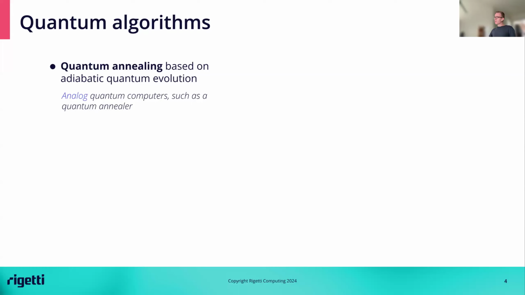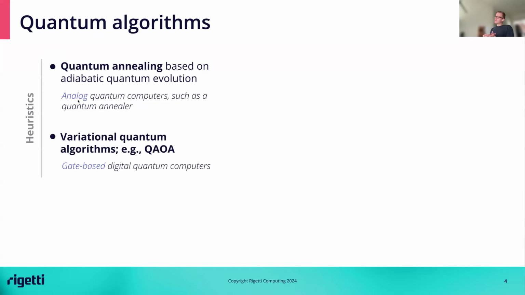So after classical algorithms, I want to tell you a bit more about the quantum side. The first one is quantum annealing, and it does not need to be introduced to this audience. And it's particularly well suited for analog quantum computers. A second class of quantum algorithms are variational quantum algorithms used mostly in the context of gate-based quantum computing.